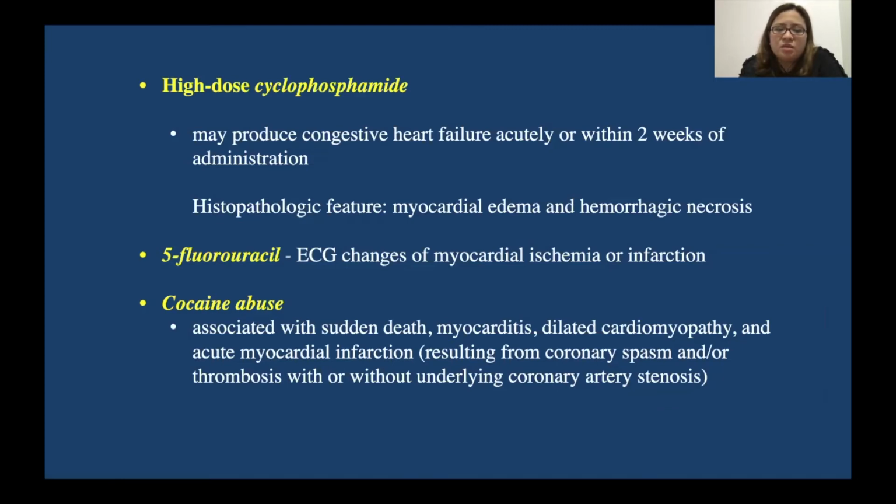Cocaine abuse is associated with sudden death, myocarditis, dilated cardiomyopathy, and acute myocardial infarction, which results from coronary spasm and/or thrombosis with or without an underlying coronary artery stenosis. So, you need to take note of this: cocaine abuse producing acute myocardial infarction can be secondary to coronary spasm and/or thrombosis.